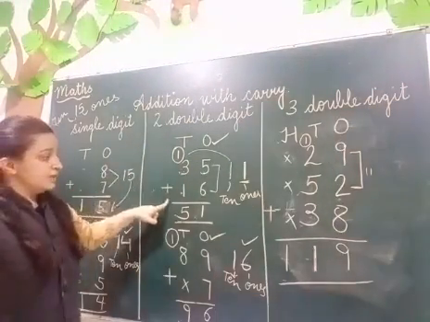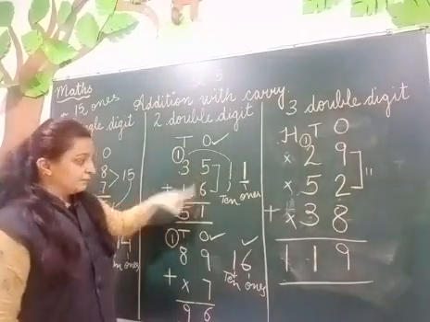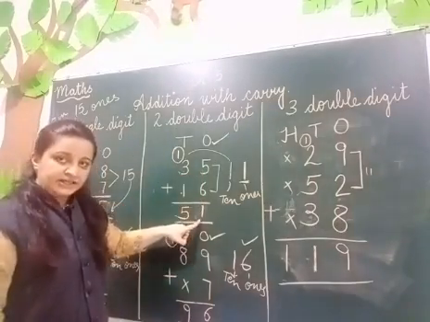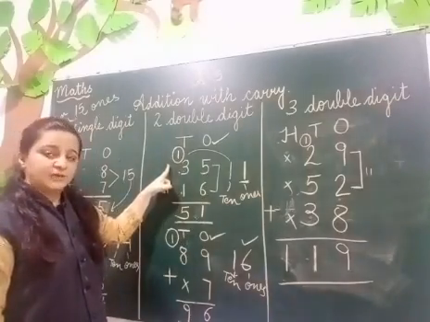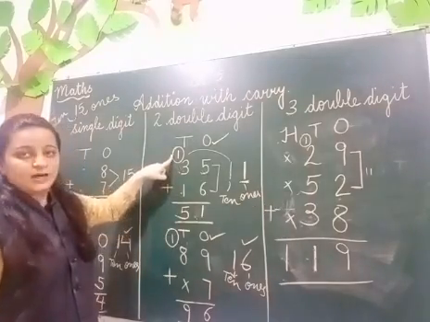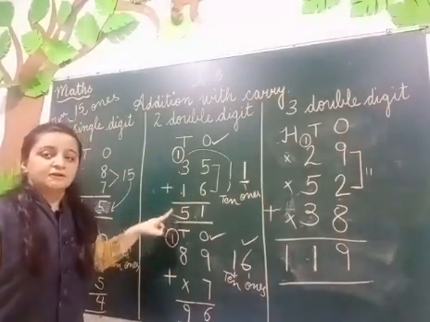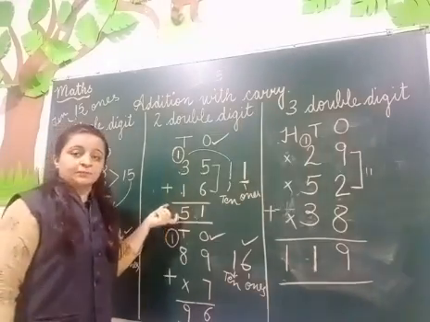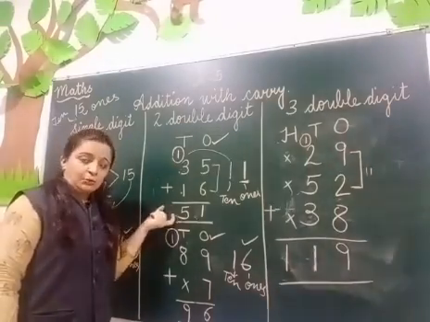Okay, in this, 6 plus 5 was 11. So 11 का हमने 1 यहाँ लिखा and 1 we have given as carry to the tens place. Then we have added 3, 1 and this one, which has given us 5. The sum is 5. What do you call this answer? You call this answer sum or total.